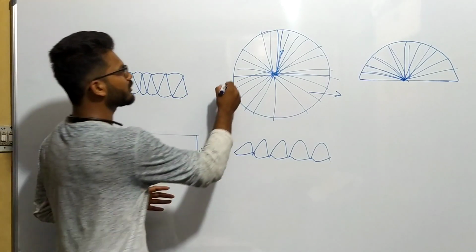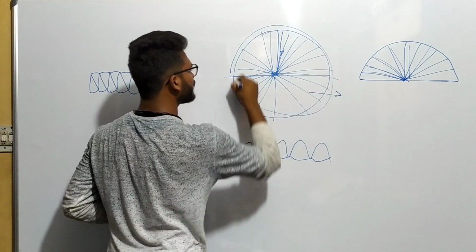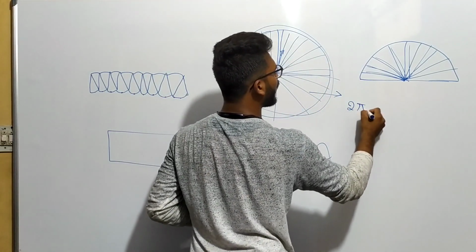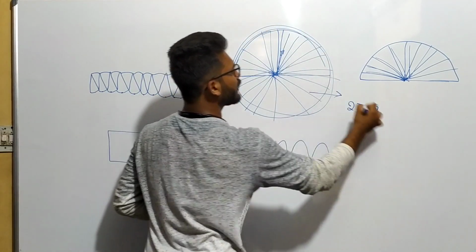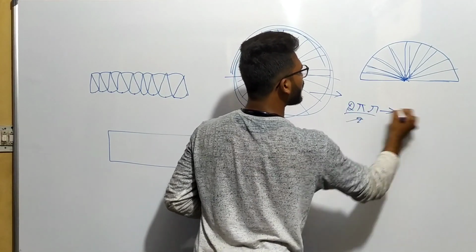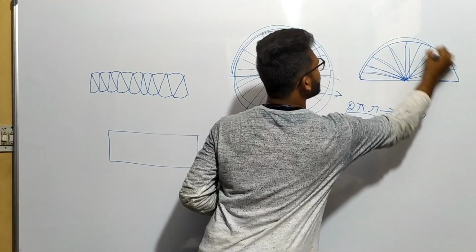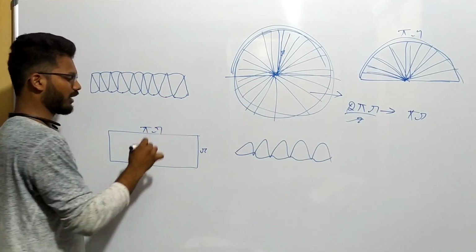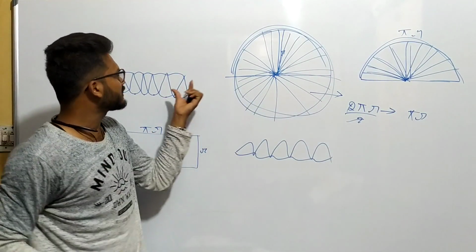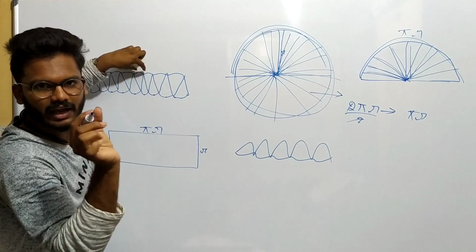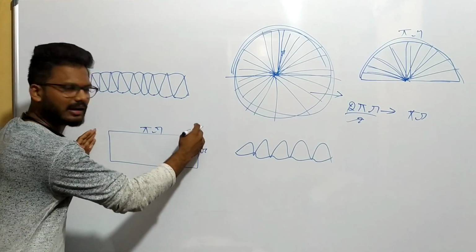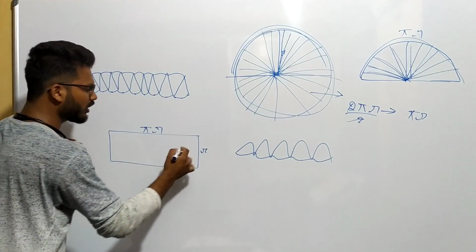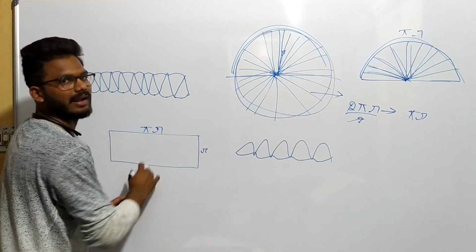And this total part is circumference 2 pi r, and this half part is 2 pi r by 2, right? Nothing but pi r. This is pi r. So this length is pi r. When these sectors are very small in size, it will look like a straight line, and this is also a straight line. So it will look like a rectangle.